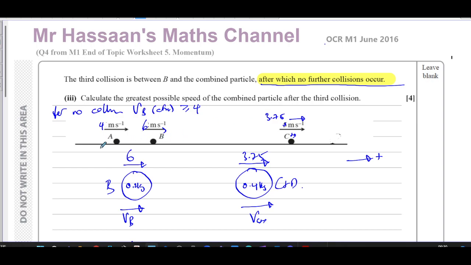Because it's a smooth table, there's no friction, they'll continue going with that same speed after that collision. So if B's speed is less than A, A will catch up with B, and there will be a further collision. So for no further collisions, B has to be going either at the same speed as A or greater than it, then A won't be able to catch up with it. Okay, so hopefully that was clear.